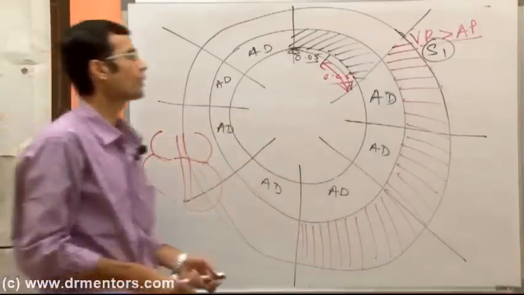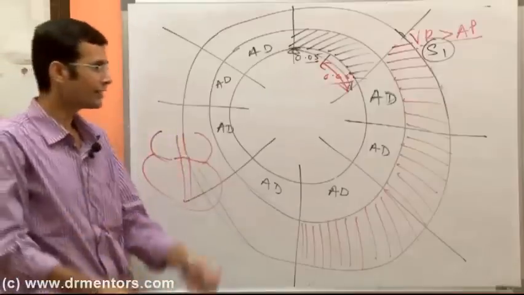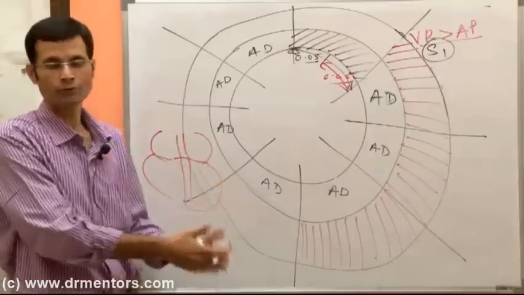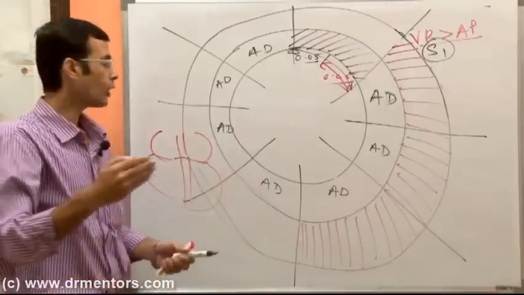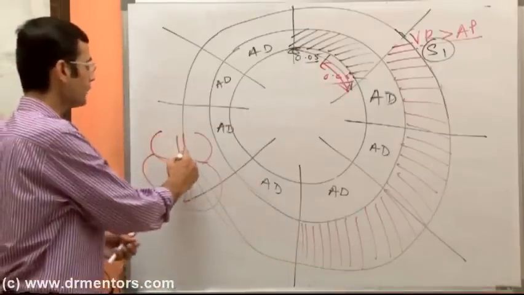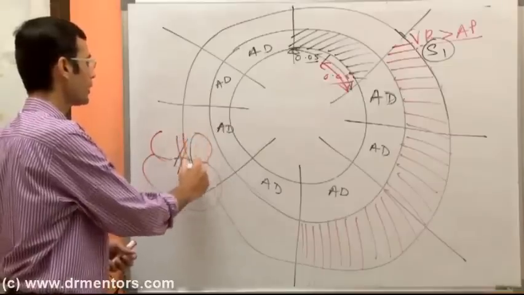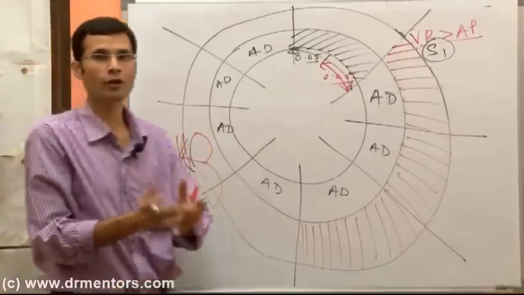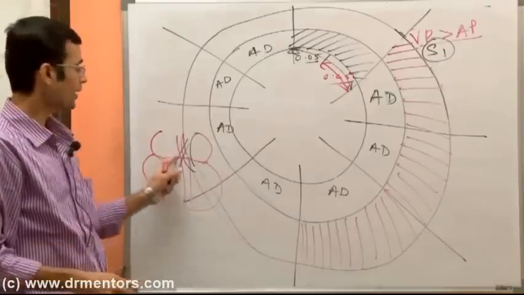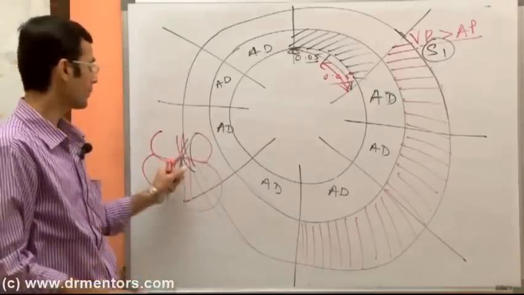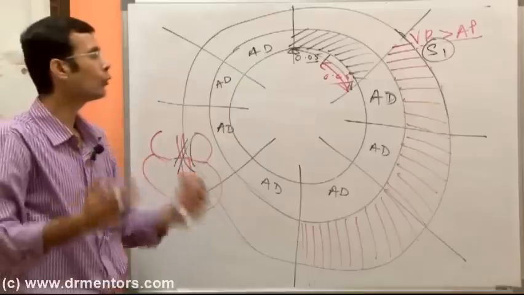Now, ventricular pressure is rising. Ventricles are in systole, but the pressure has not become great enough to open the pulmonary valve and aortic valve. The semilunar valves have not yet opened. So we have a situation whereby AV valves have closed, but semilunar valves have not yet opened.